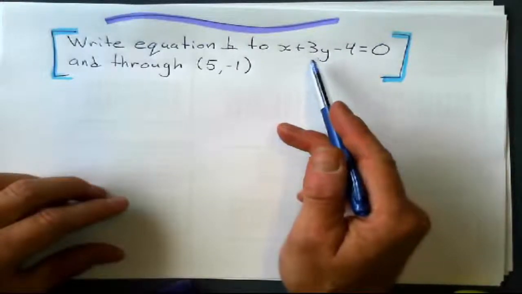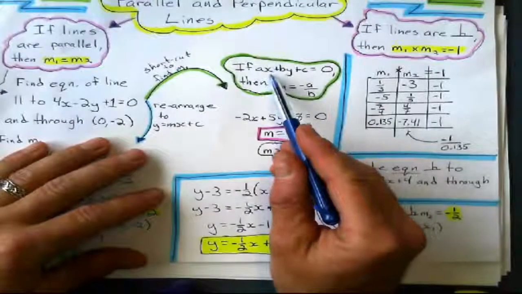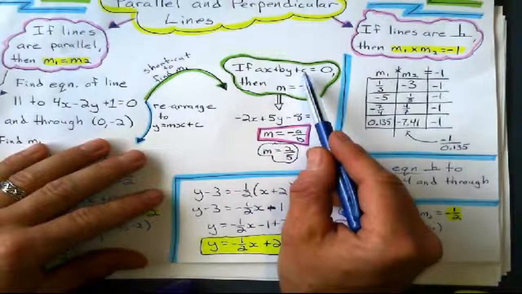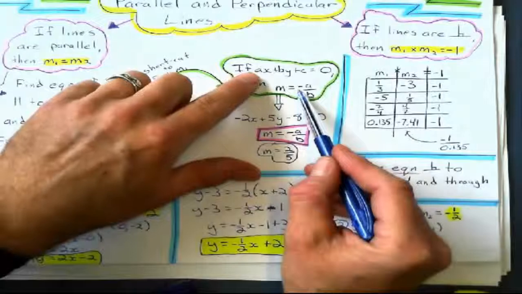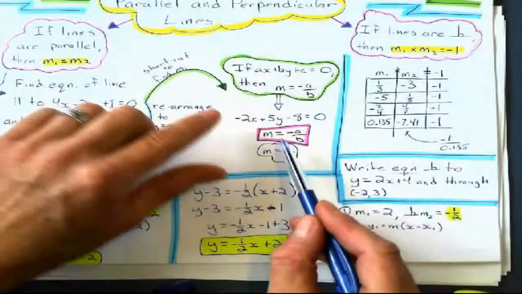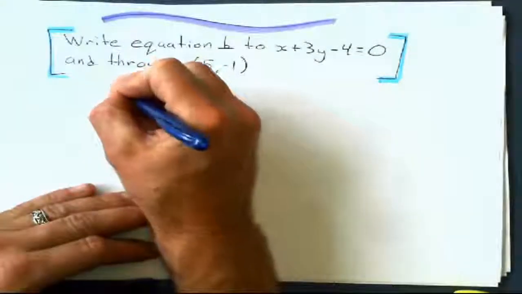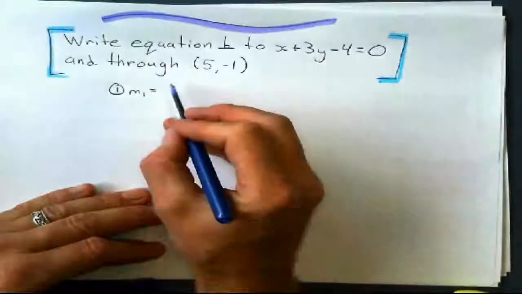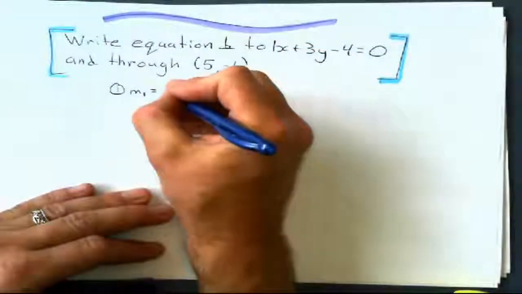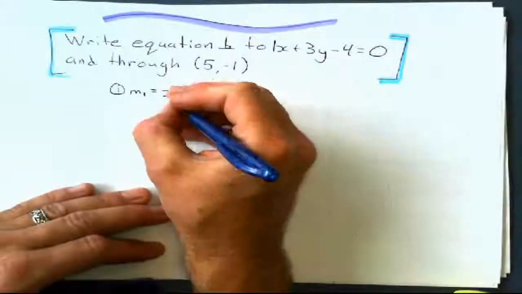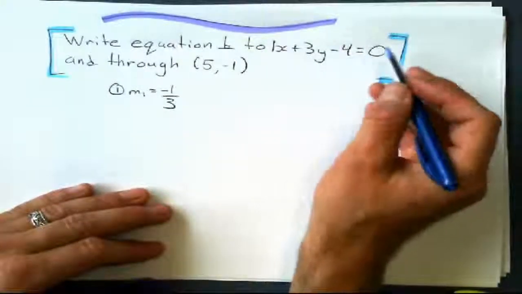Or you can use the notes from last time, where I said that if it's written in standard form, ax + by + c = 0, the gradient is the opposite of the x coefficient divided by the y coefficient. So the first step is m1, and m1 is going to be the opposite of this coefficient. There's nothing there, so it's a 1, over b. So the gradient of this line is -1/3, which I could have got if I rearranged it, but that's just a lot of work.